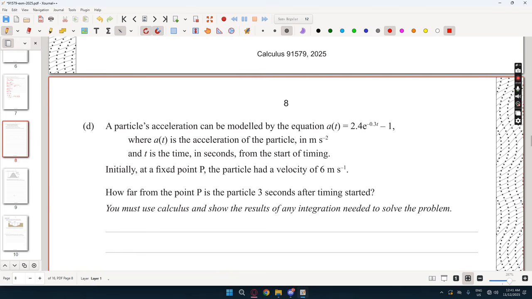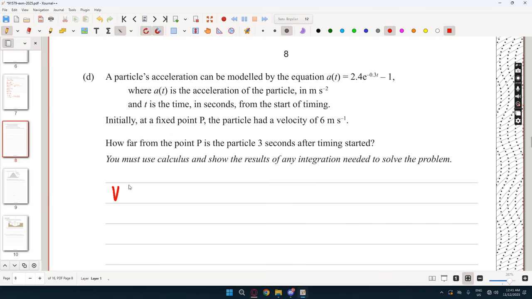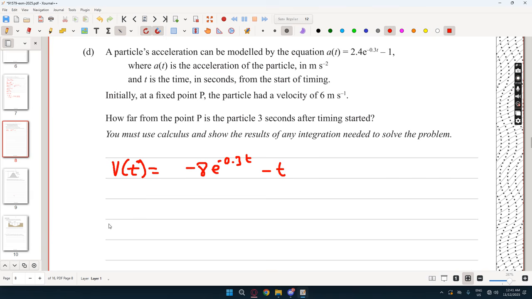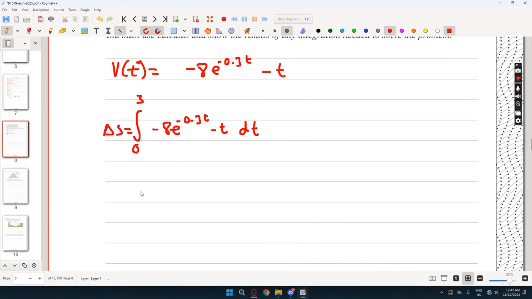As you get a fixed point p, the particle's velocity of 6 meters per second. Well, v of t will be 2.4 divided by 0.3 minus 8 e to the minus 0.3t minus t. And so delta s will be the integral from 0 to 3 seconds of the velocity dt.